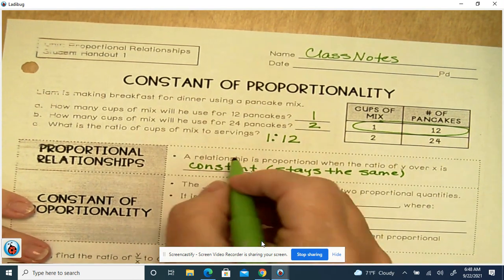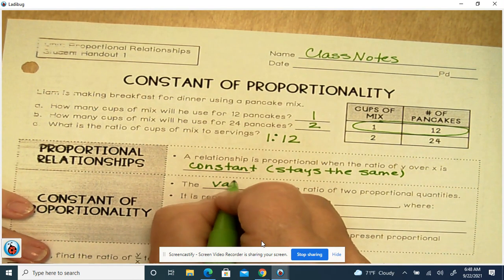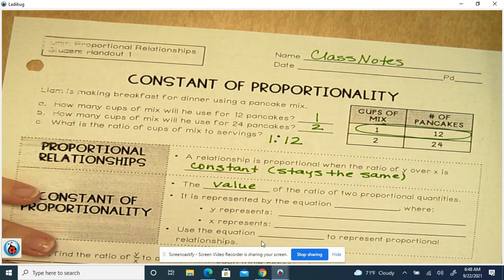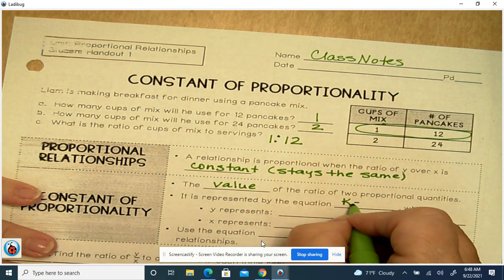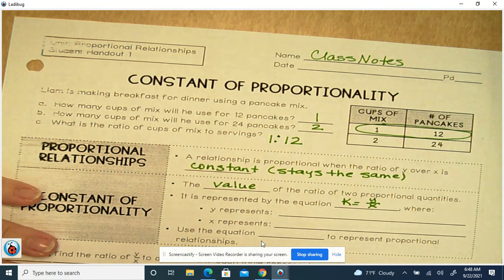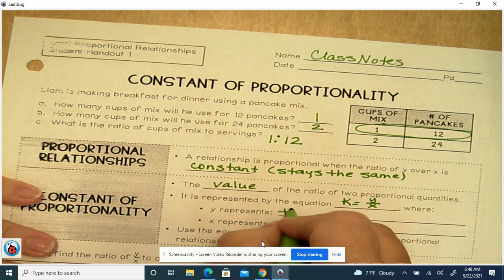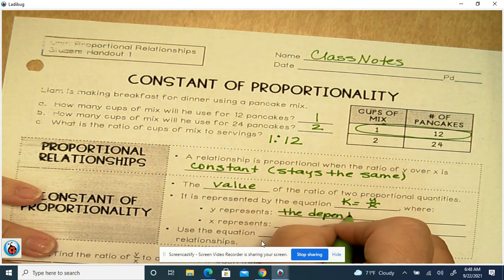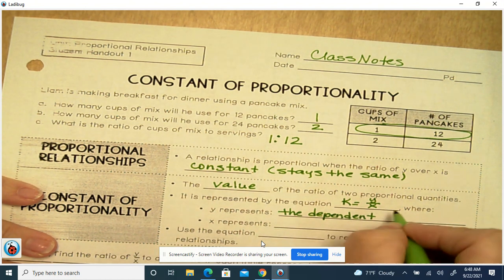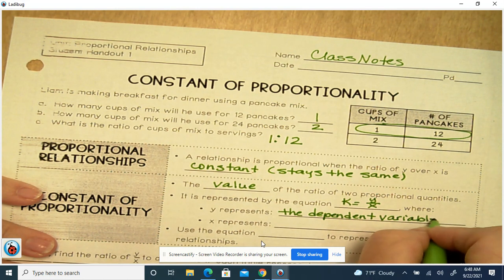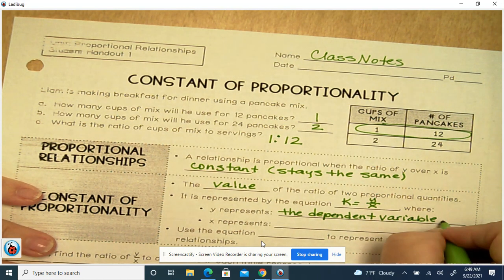The value of the ratio of 2 proportional quantities is represented by the equation k equals y divided by x, where y represents the dependent variable in the table or graph.